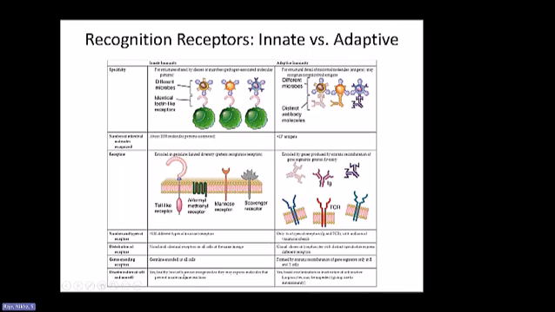We know that both adaptive and innate immune systems have to have a way of discriminating between self and non-self. And that's how we make sure that the immune system only reacts to non-self molecules and not self molecules on the host cells.